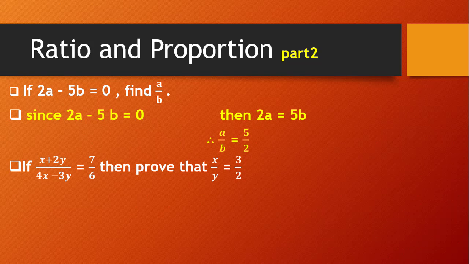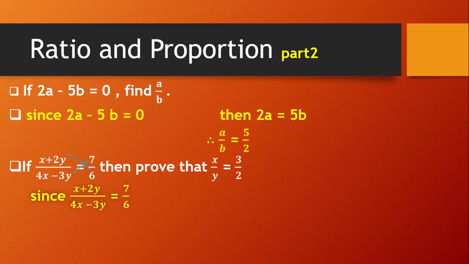We have another exercise. If x plus 2y over 4x minus 3y equals 7 over 6, prove that x over y equals 3 over 2. So I want x over y. I can make cross product.